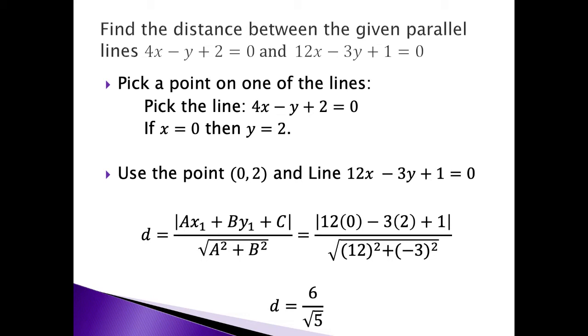So d equals the absolute value of a times x1 plus b times y1 plus c, all over the square root of a squared plus b squared, which equals 12 times 0 minus 3 times 2 plus 1 over the square root of 12 squared minus 3 squared, which simplifies down to 6 over the square root of 5.